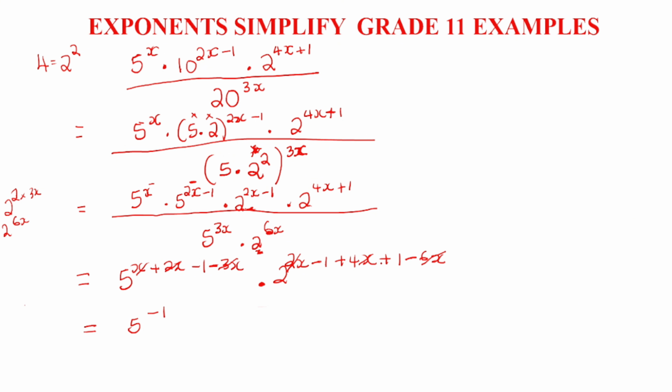I've got negative 1 plus 1, this one will also go, so this is times 2 to the power of 0, and we did state that anything to the power of 0 equals 1. So you've got 5 to the power of negative 1 times 1, which will just give us 1 over 5. And that's how you would deal with this example of simplifying exponents in grade 11.